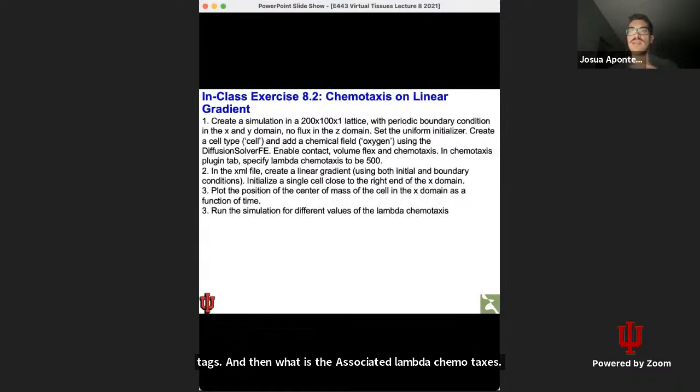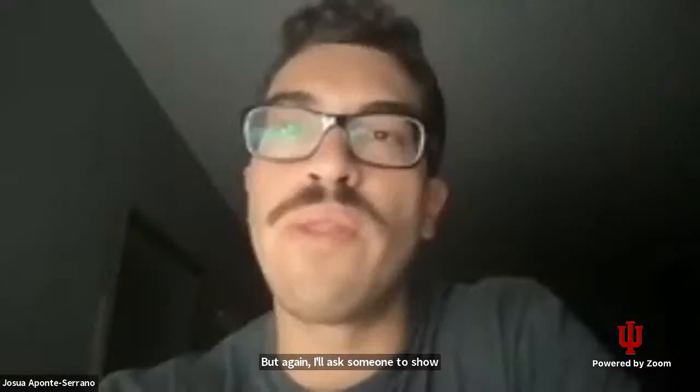So let's implement a simple chemotaxis on a linear gradient. I'll walk with you on this one from the beginning so you can see how the chemotaxis plugin looks. But again, I'll ask someone to show the code when we get to run the simulation.